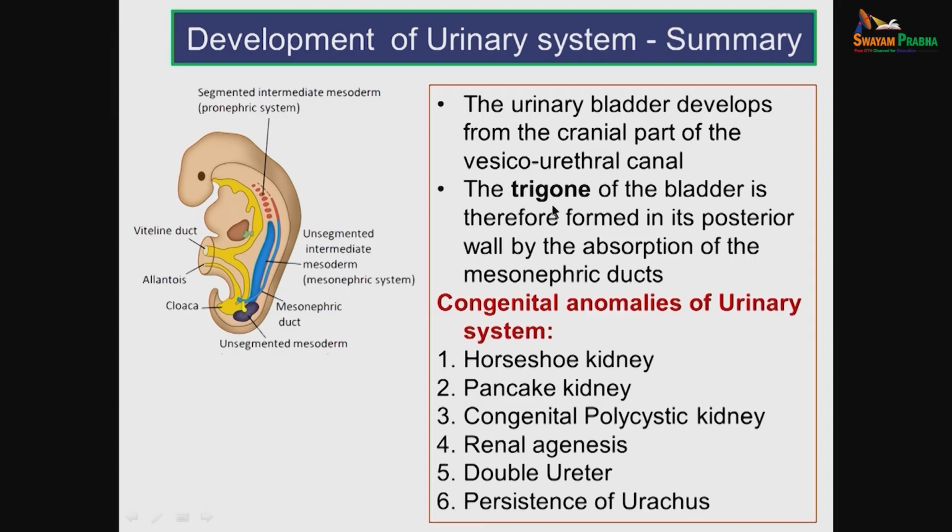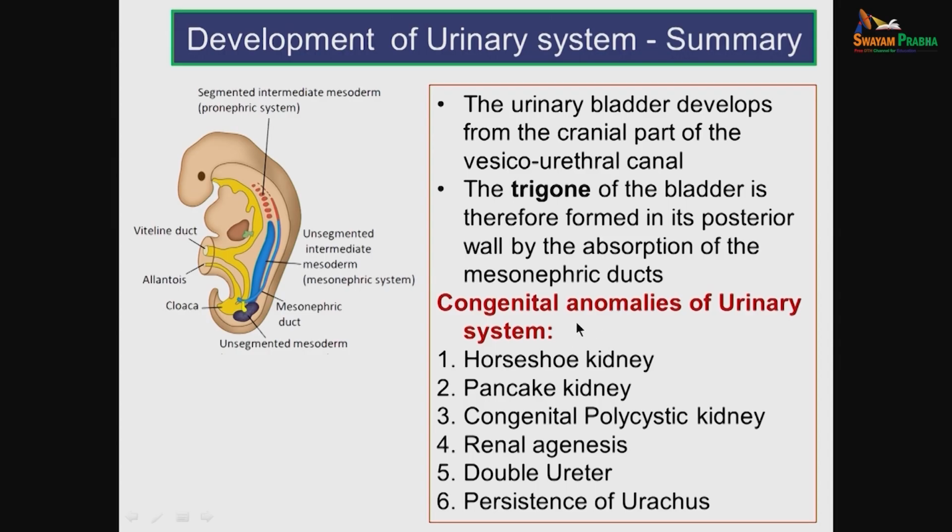Since the mesonephric duct is mesodermal in origin, the trigone of the bladder, which is formed in its posterior wall by absorption of the mesonephric ducts, is mesodermal in origin, while the bladder which develops from the vesico-urethral canal is endodermal in origin.